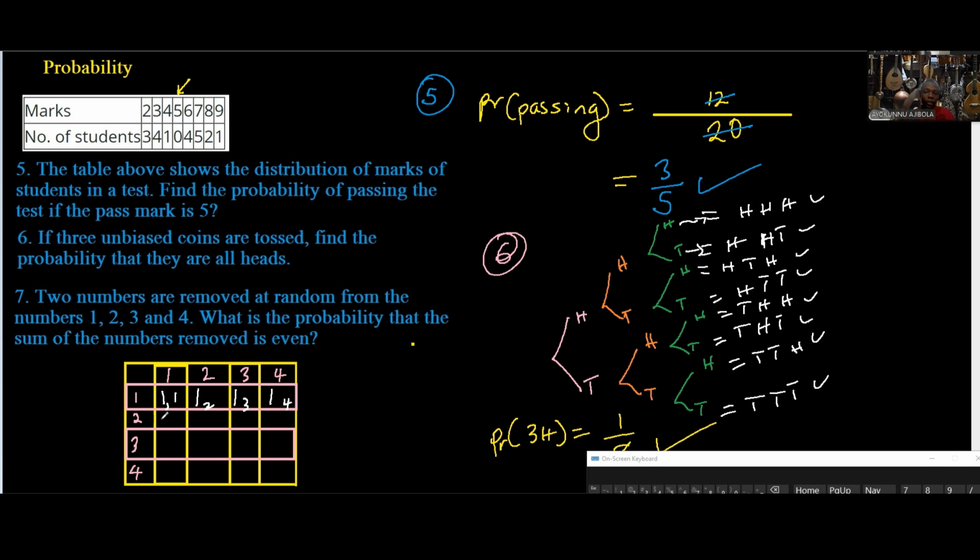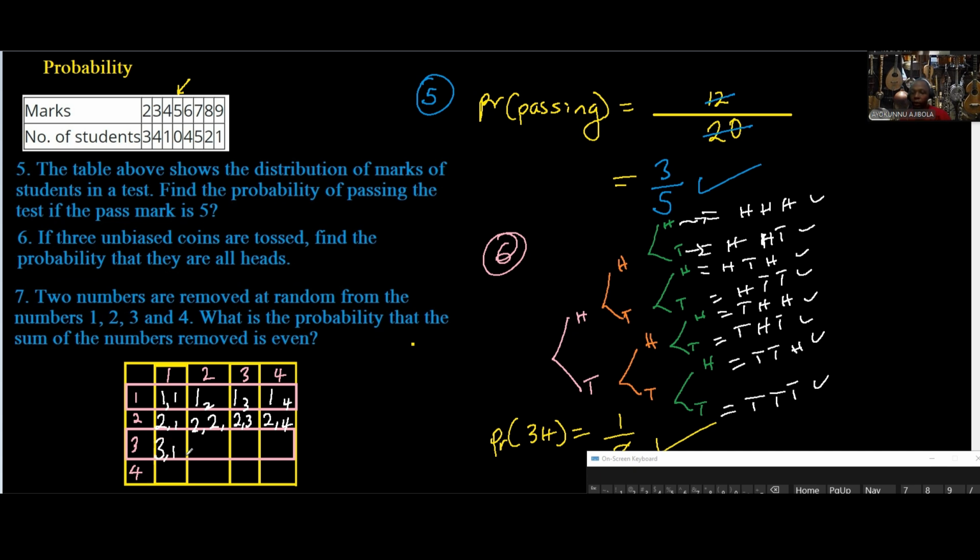It's also possible the first number is 2 while the second is 1, or 2 and 2 again, or 2 and then 3, then 2 and then 4.